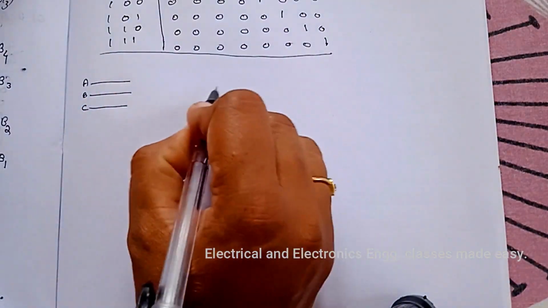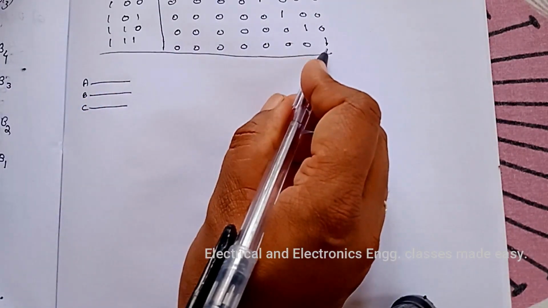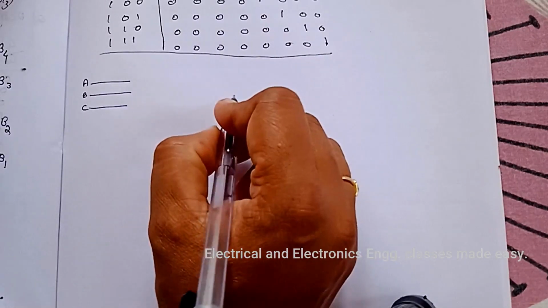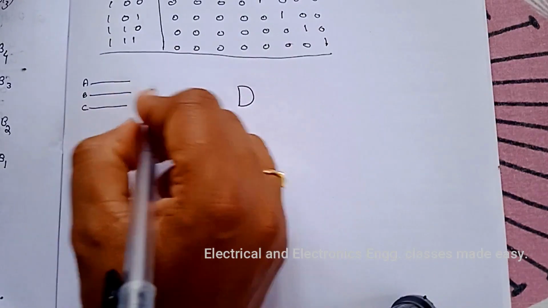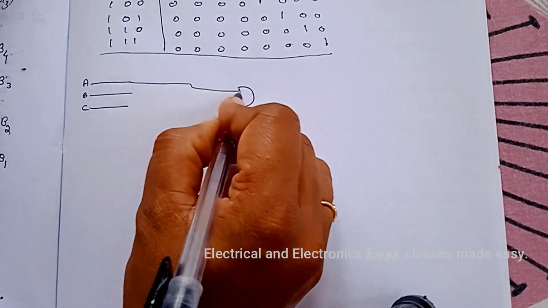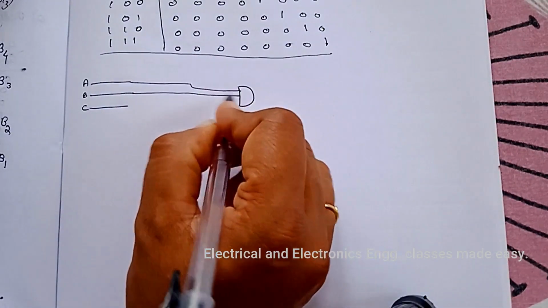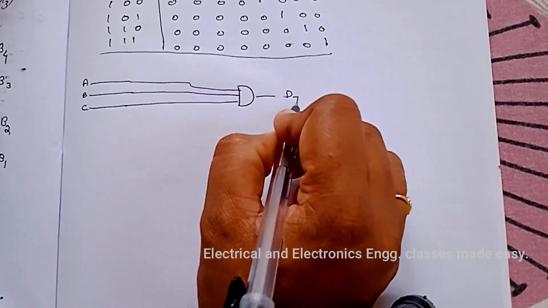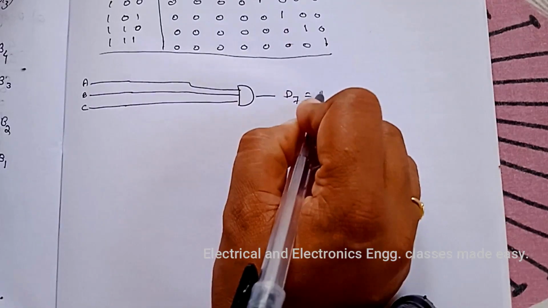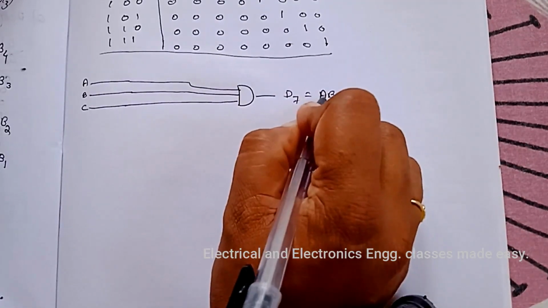So to get the output D7, draw an AND gate with all the inputs at high. So this is D7, and that is equal to A, B, C.